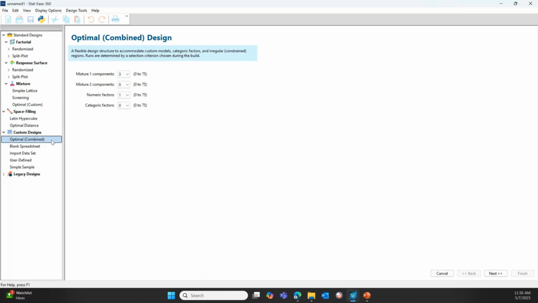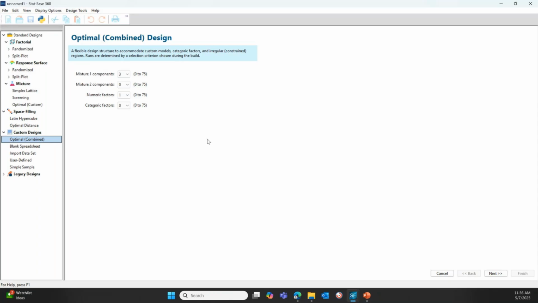So in our optimal designs, we have a very flexible situation. You can play with 2 mixtures, a numeric factor, multiple numeric factors, categoric factors. Here we're going to have 3 mixture in 1 numeric. So that's what we're going to use to build here.